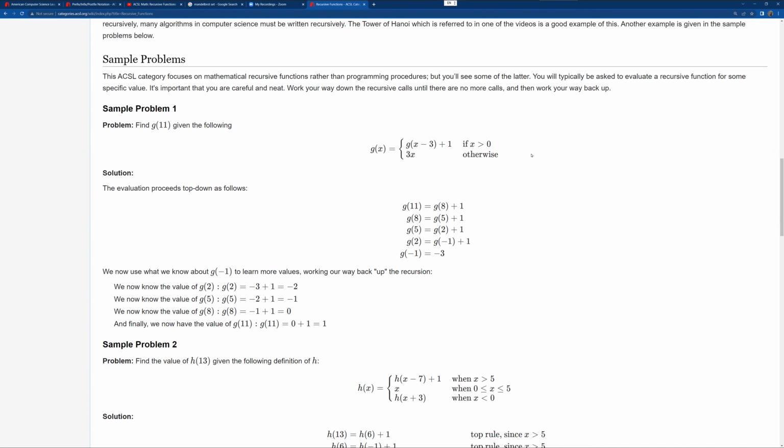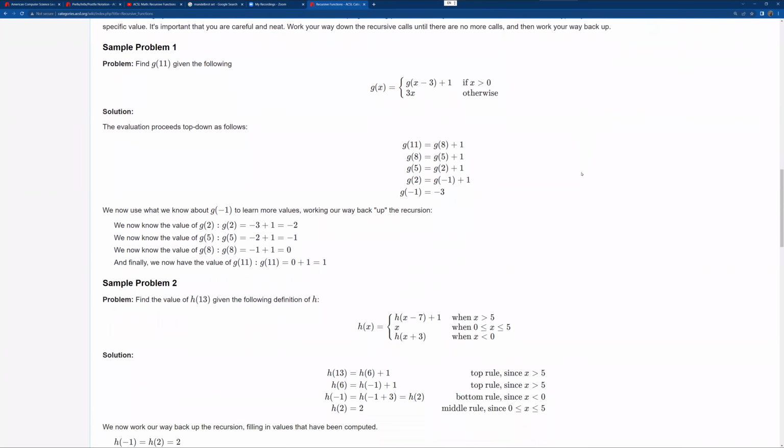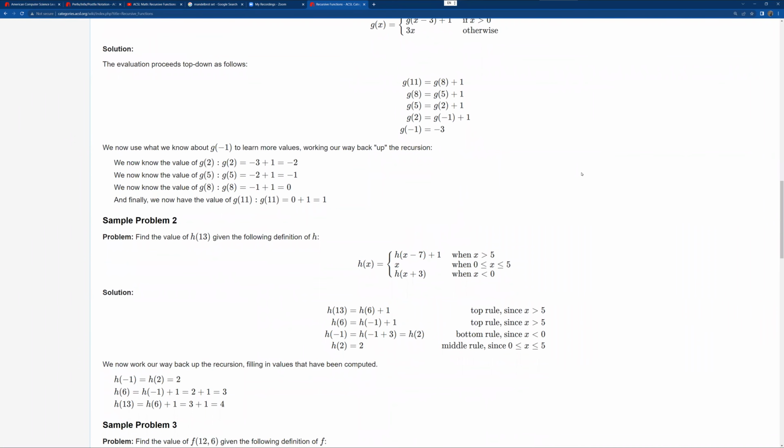This is how your ACSL junior contest looks like in this particular topic. This will show up in the first contest and you will have two problems like this, or similar to this. So I guess this is everything we have for this topic.